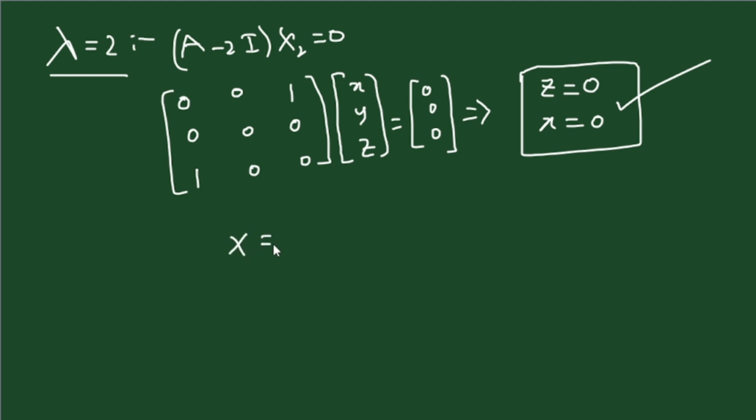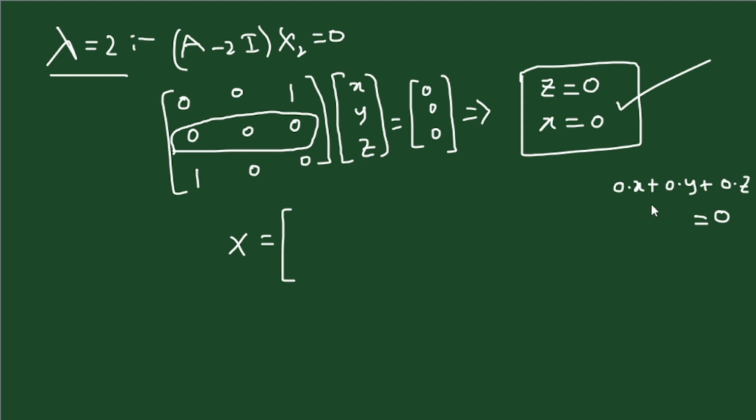Then what about the second row? Corresponding to this row, you will get the equation 0 into x plus 0 into y plus 0 into z equal to 0. So x is 0, z is 0.